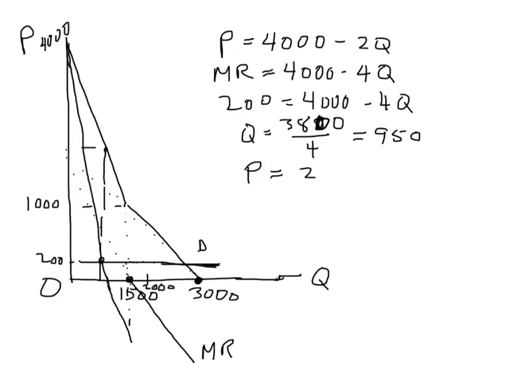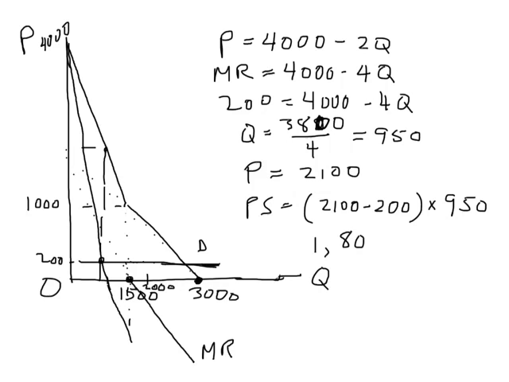Price is equal to 2,100, and producer surplus is 2,100, that's the price minus the constant marginal cost, and then I multiply through by quantity, 950, and that's 1,805,000. That's the producer surplus in our base case.